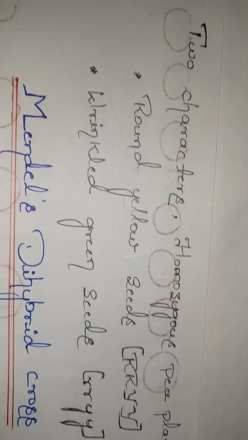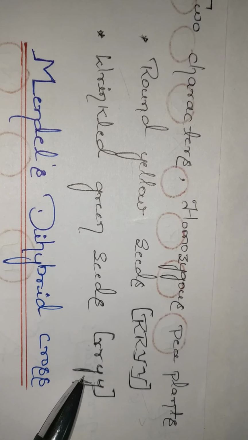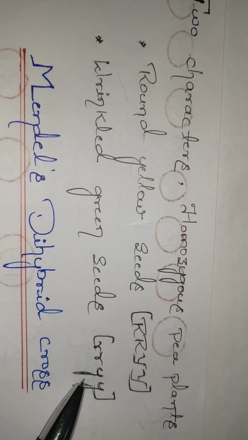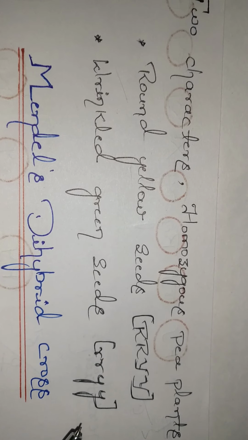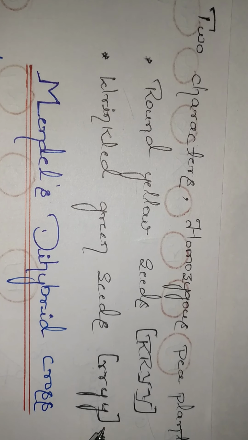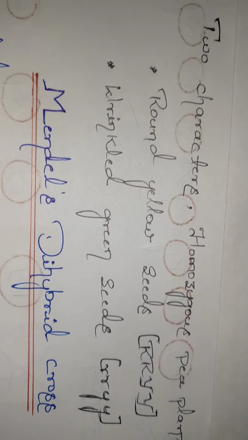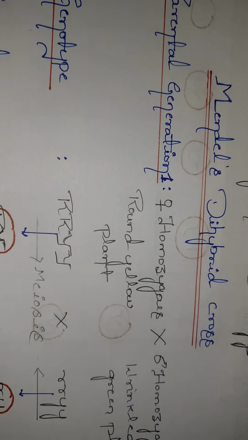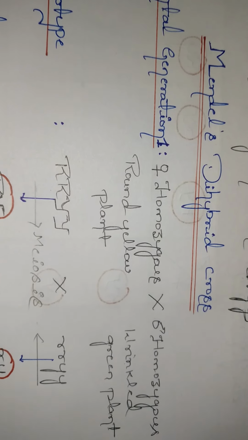So after taking the example of these dihybrid characters, di meaning two characters with two different parents, let us see how Mendel proved the dihybrid cross, and how he got experiment results with the help of these two characters. So next will be the Mendel dihybrid cross.